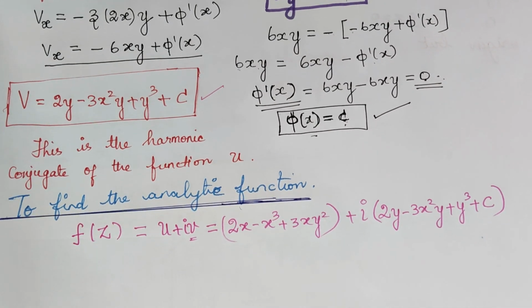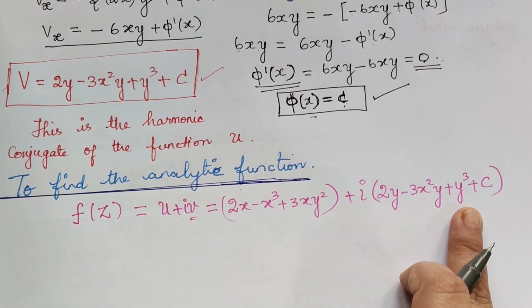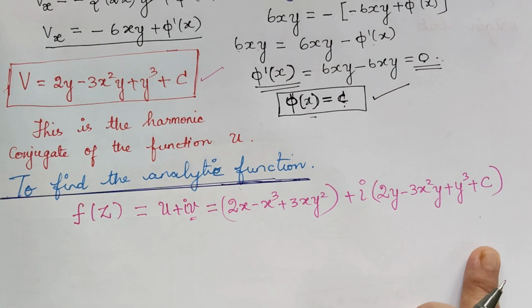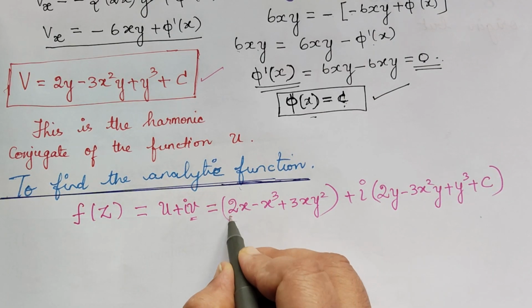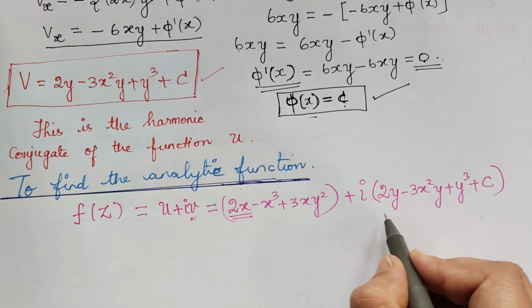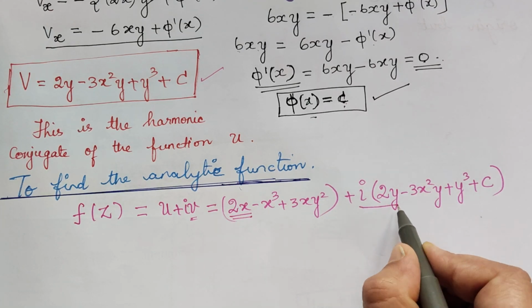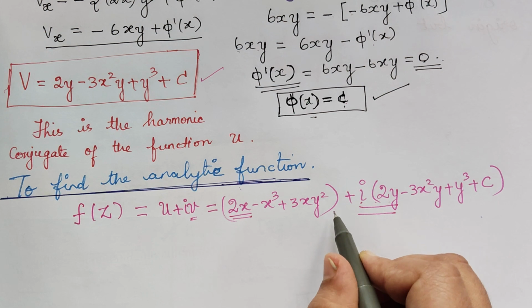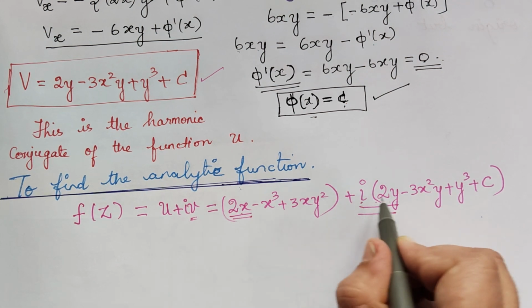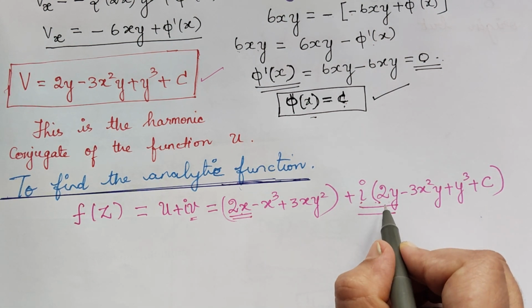Now we shall rewrite this in such a manner that we can make it in the form of z. So how shall we do that? Now if you see here, 2x we have here, and here we have 2y i. So when we combine this, 2 can be taken in common so that we will get x plus iy, so that we can replace it by z.